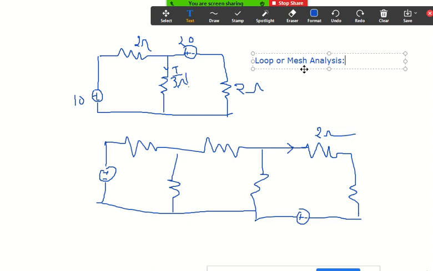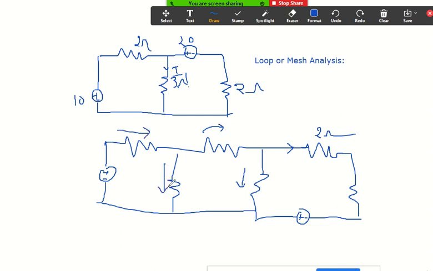So now we'll see what the different steps in the mesh analysis or loop analysis are, how to apply this mesh analysis for any network, and how to find the various branch currents by using it. That means if you apply this loop or mesh analysis, I can find out any branch current. What is the current passing through this branch, or this branch, or this branch?